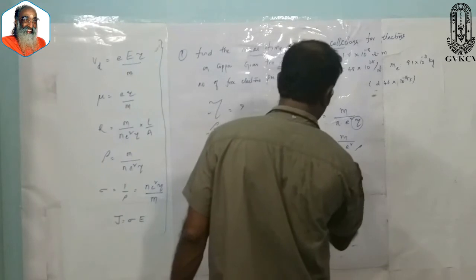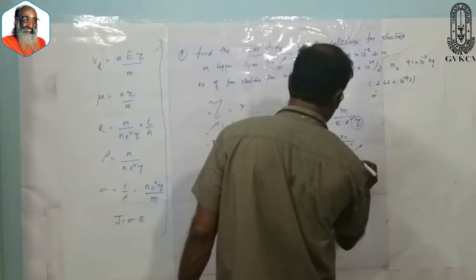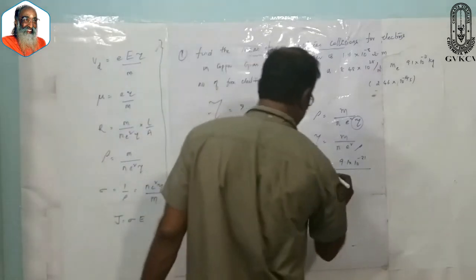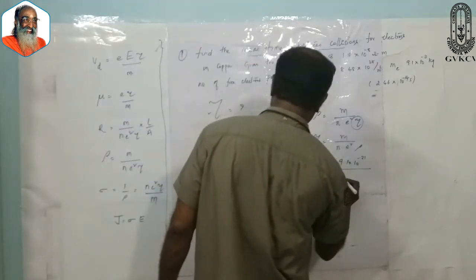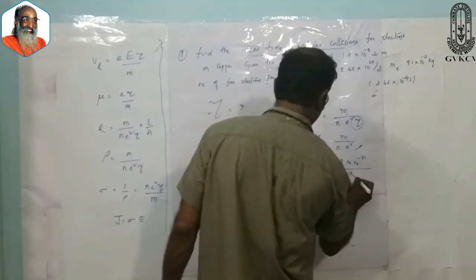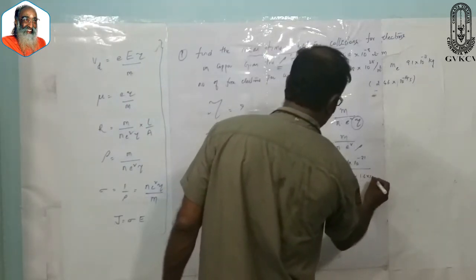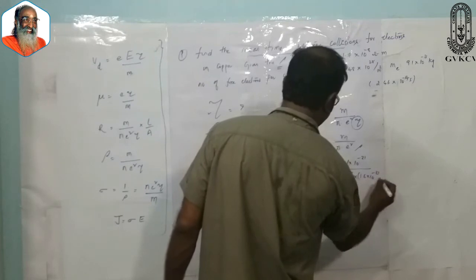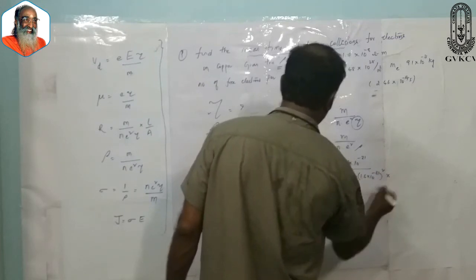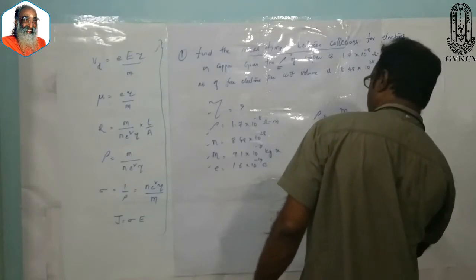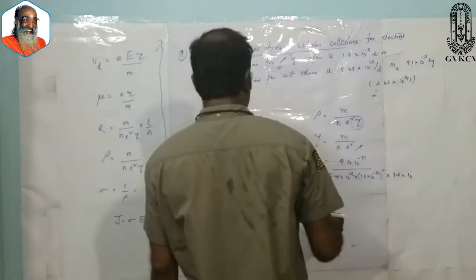What is m? It is 9.1 into 10 power minus 31. What is n? It is 8.48 into 10 to the power of 28, and e square is 1.6 into 10 to the power of minus 19 whole square, and rho is 1.7 into 10 power minus 8.